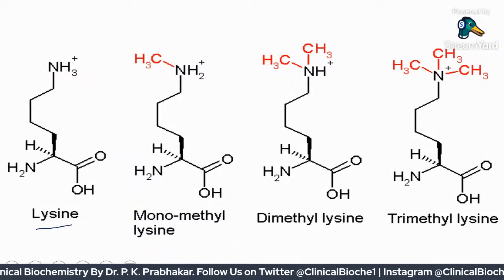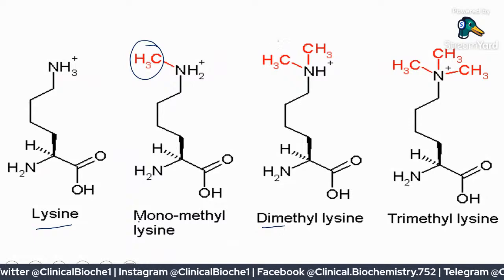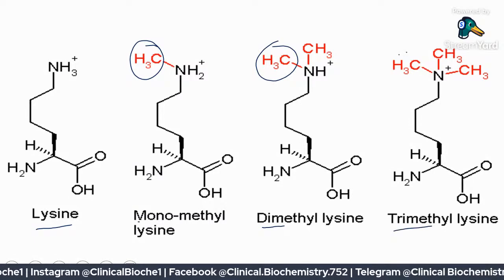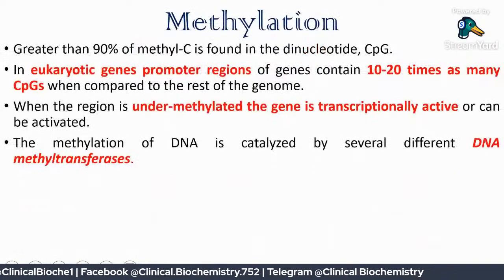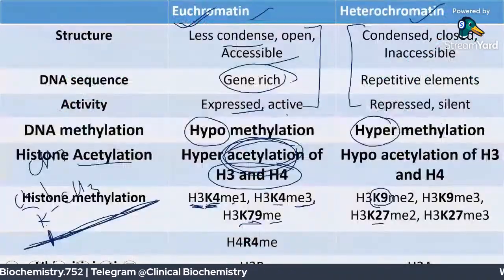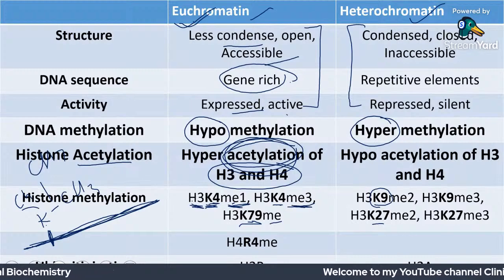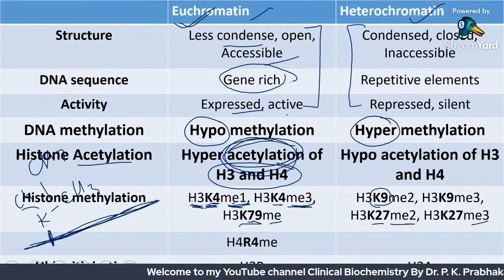This is lysine, and lysine is going to be monomethylated, one methyl group, dimethylated, two methyl groups, and trimethylated, three methyl groups, which we have seen here in this table. This is monomethylation, this is trimethylation, this is dimethylation. Me2 means two methyl groups, Me3 means three methyl groups.